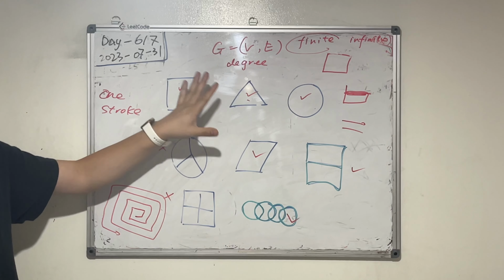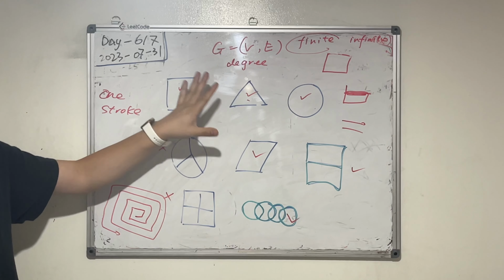Degree is the number of edges connected to a vertex. So the degree for this vertex is 2. The degree for this vertex is 2, 2, 2. There's no vertex here.